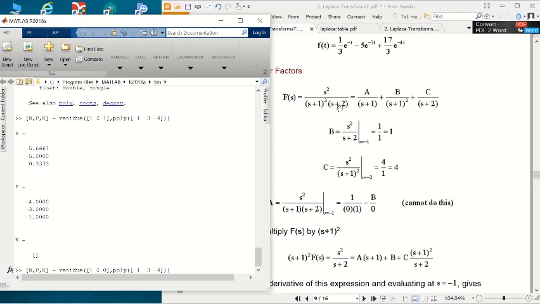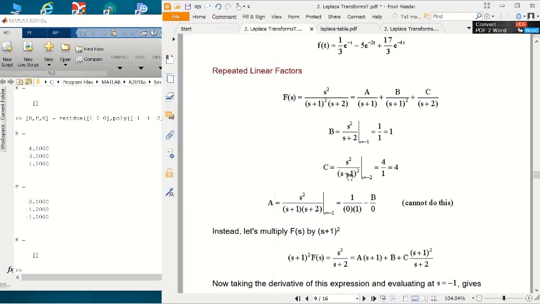And for the denominator, you have double roots at -1, so -1, -1, and the third root -2. When you run that, it will give you straight away. So for the pole equal to -2, the residue equals 4. Pole of -2 means C, so C equal to 4. So it agrees with that.